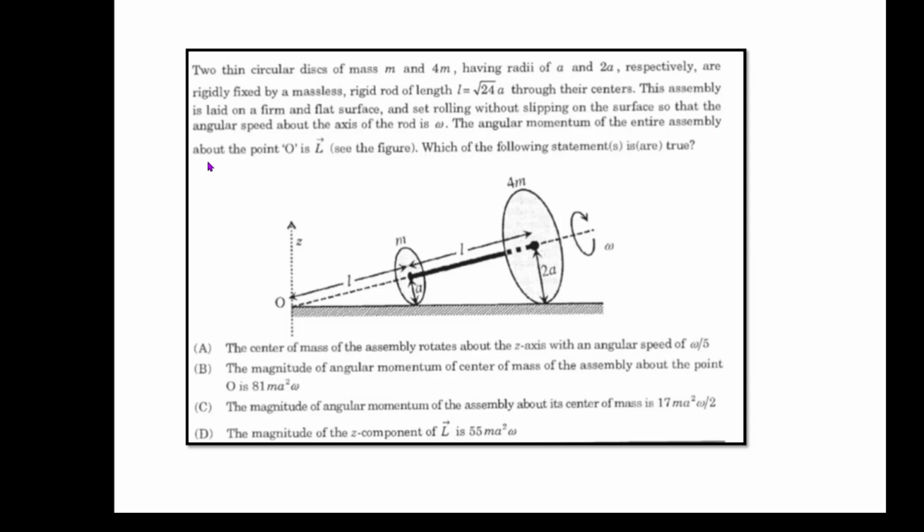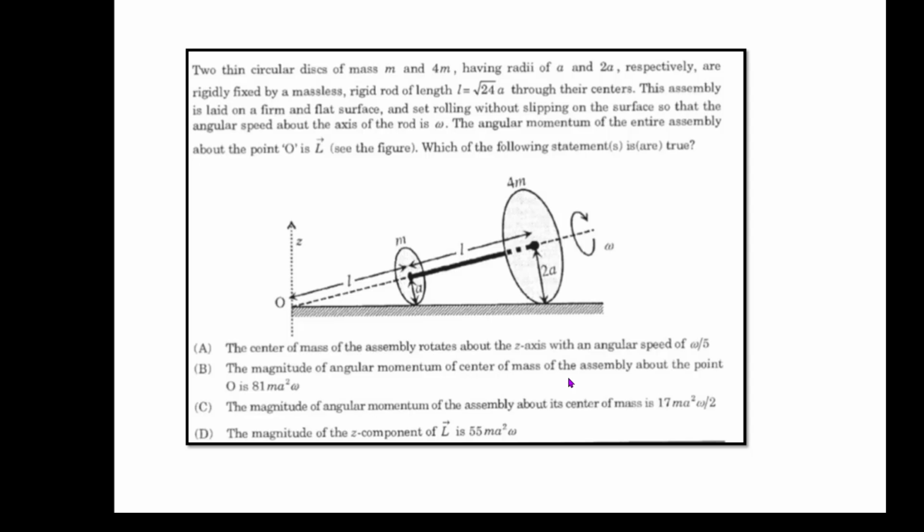The angular momentum of the entire assembly about point O is L. Which of the following statements are true? The first statement is the center of mass of the assembly rotates about the z axis at an angular speed of omega by 5.